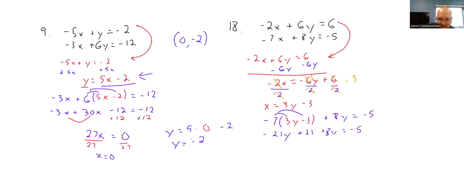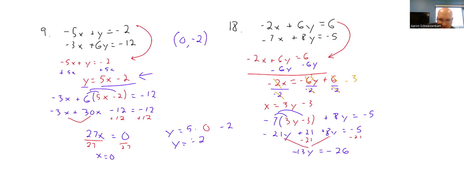Solving this equation, I will subtract 21 from both sides. And then I'll take this 8y and this negative 21y and combine them. Negative 21y plus 8y is negative 13y. Negative 5 plus negative 21 is negative 26.